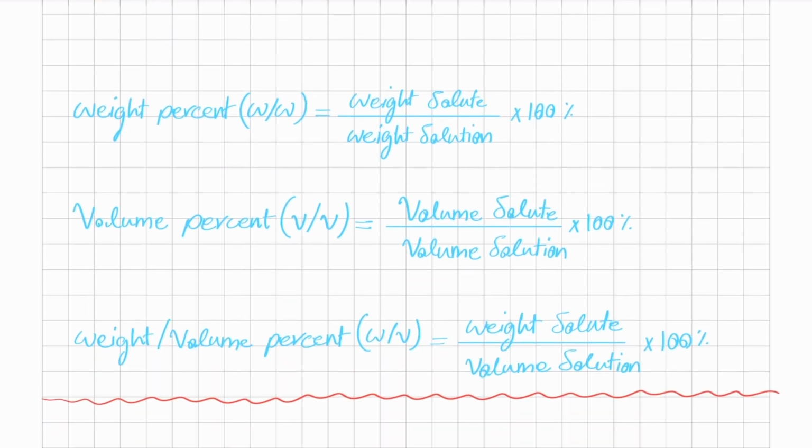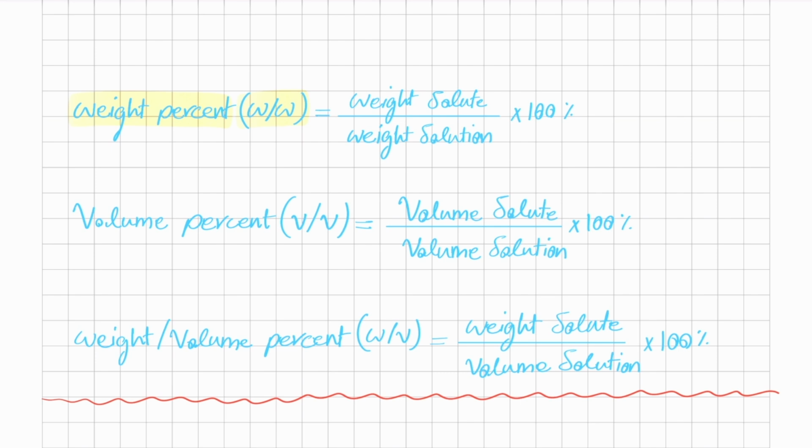When it comes to percent concentration, it actually provides three different definitions. The first one is called weight percent, which you can show with W divided by W. It means the weight of the solute divided by the weight of the solution times 100%.